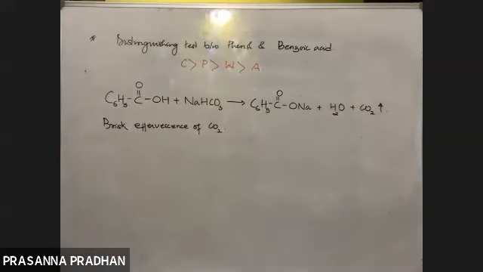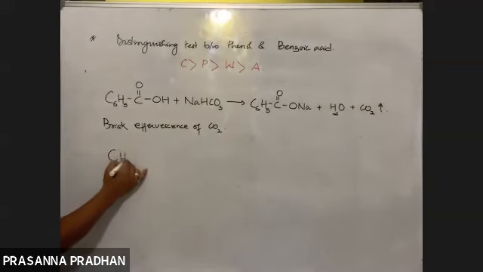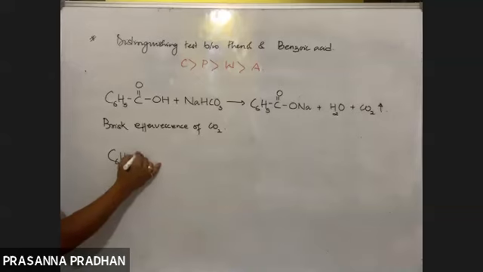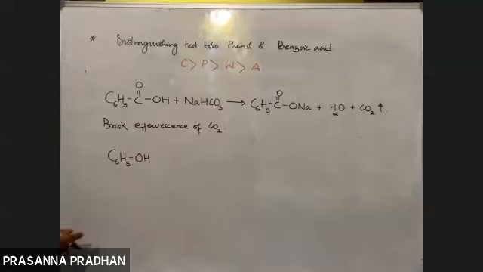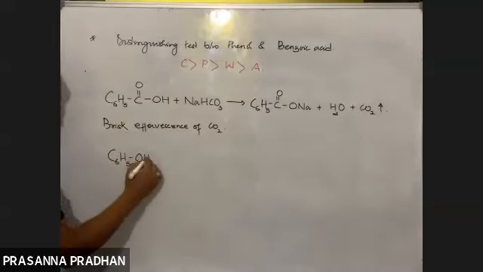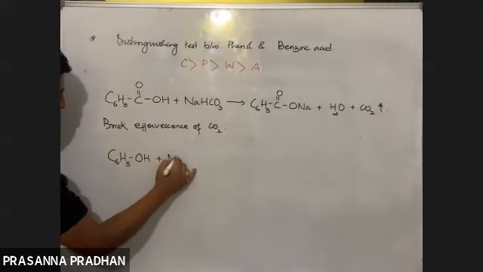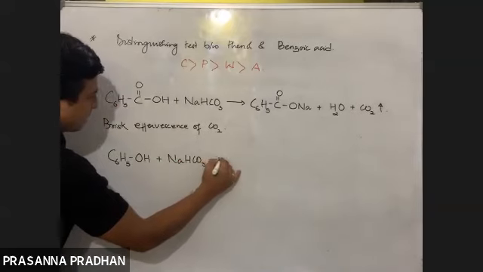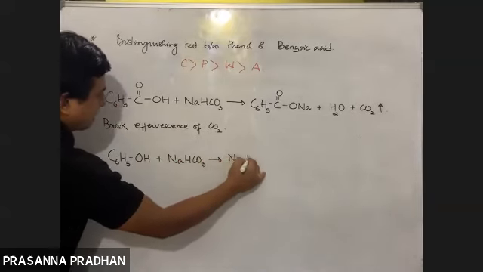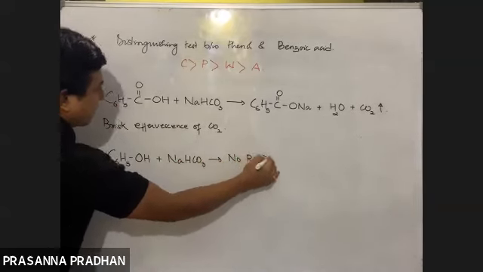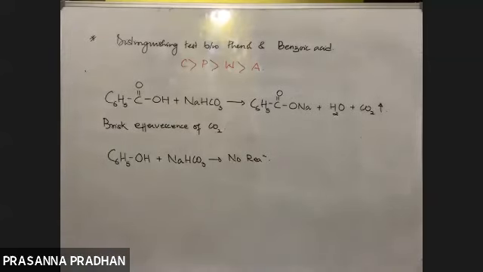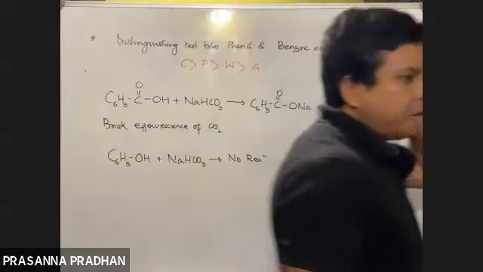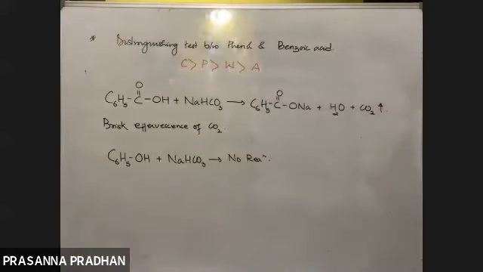But we know compared to benzoic acid, phenol is less acidic. Since it is less acidic, it is not going to react with bicarbonates. So again, very important reaction. By this reaction, you can distinguish between phenol and carboxylic acid.